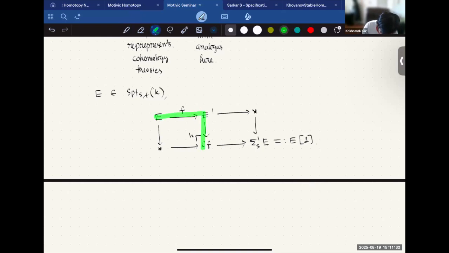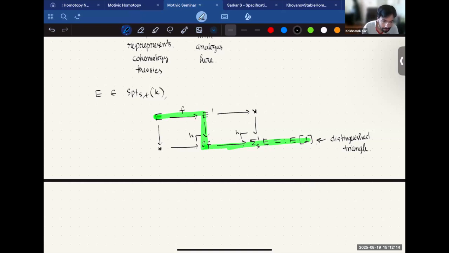So this entire thing that you see over here gives you a distinguished triangle. And this is also your Motivic pushout. So this is how to get your distinguished triangle.